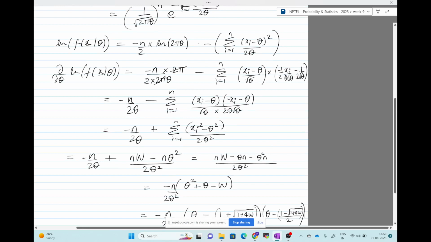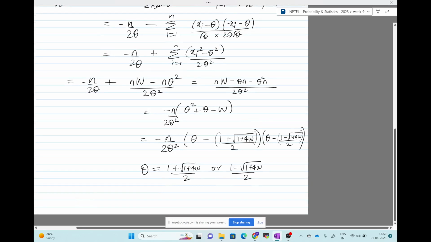At maxima your double derivative should be negative. So that means this quadratic should be positive.